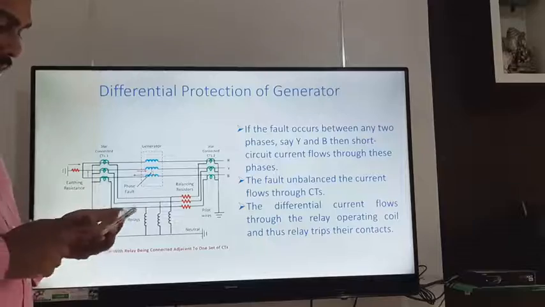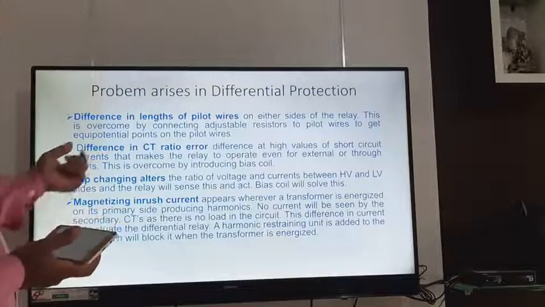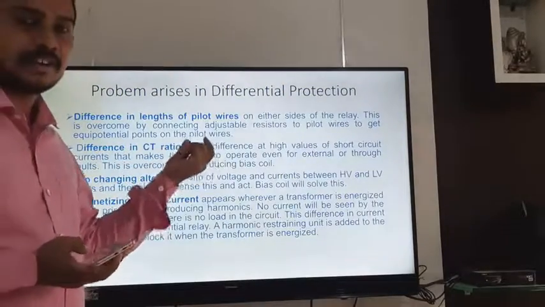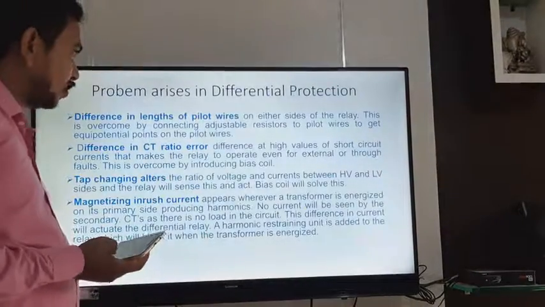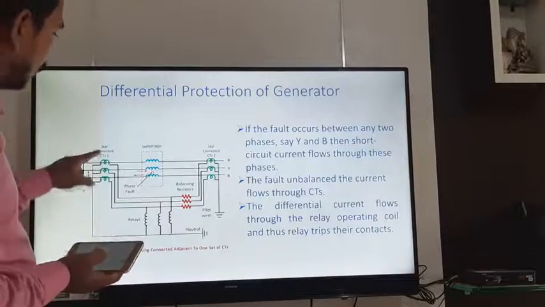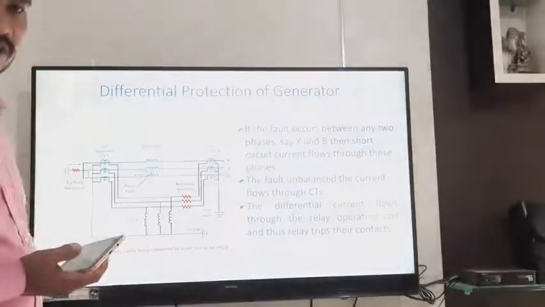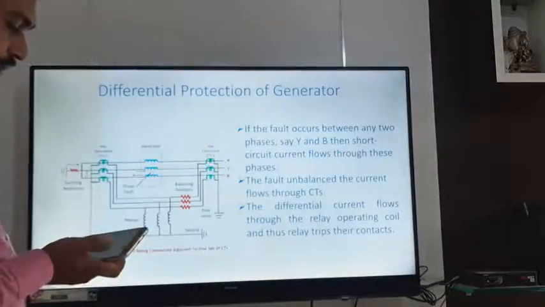So we have to find the midpoint of the pilot wire. Now the length of the pilot wire is very large, so how can we find the midpoint?